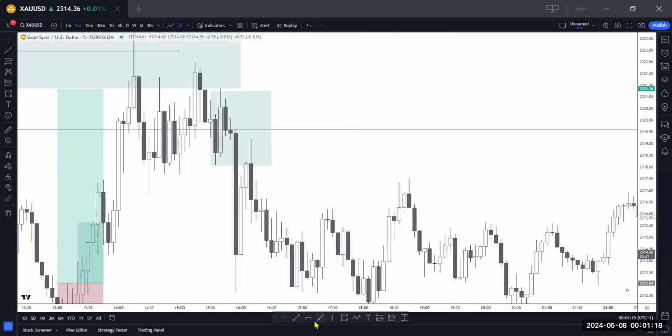The M15 area, we have an M5 engulfing gap setup, right? So why I'm doing this is because I want you guys to see that you can actually reduce the stop loss on this level.